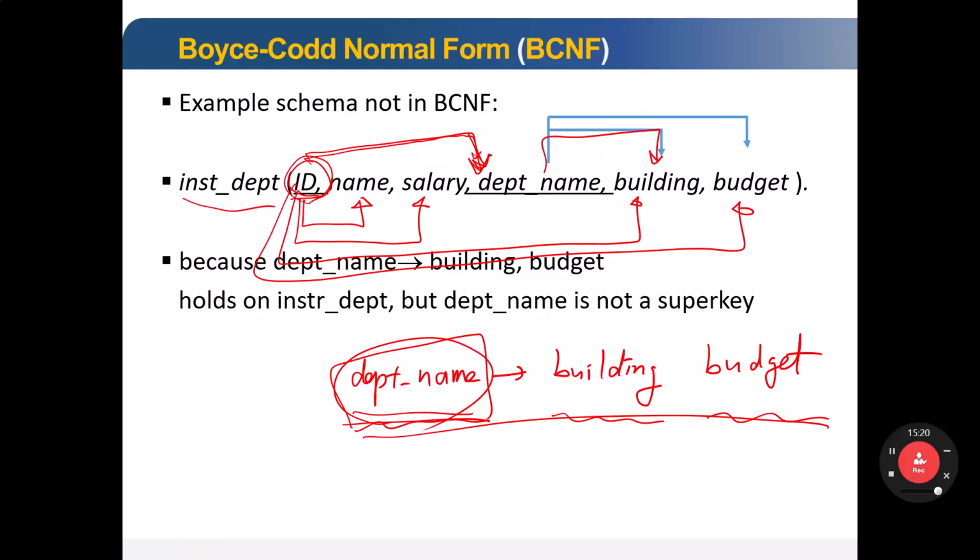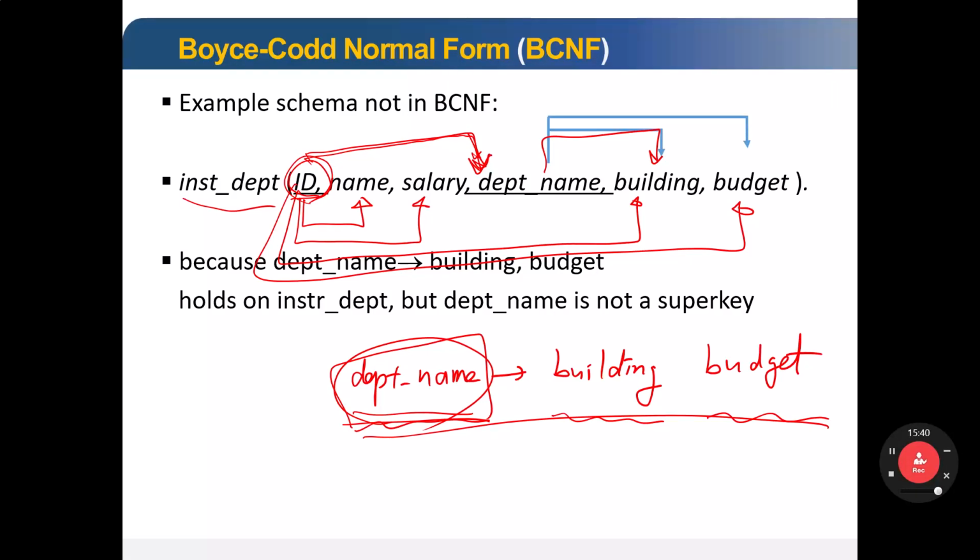Is it clear? You can also think ID is the key of building and budget, and in that case, I think it is BCNF because ID determines building because department name determines building as well.